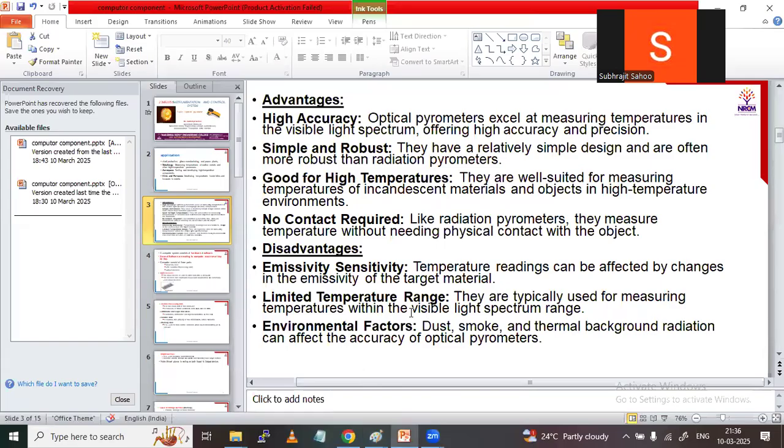Here I have written, typically used for measuring temperature within the visible light spectrum, up to the range that humans can see. Suppose a very high temperature, like the sun in the summer days, it is very difficult to look at the sun with the naked eye. In that situation, this temperature measuring instrument fails to measure the temperature. So most advantages are there, few disadvantages are there, right?